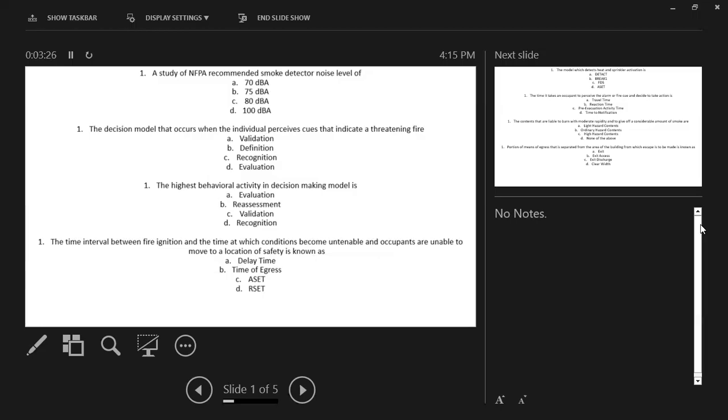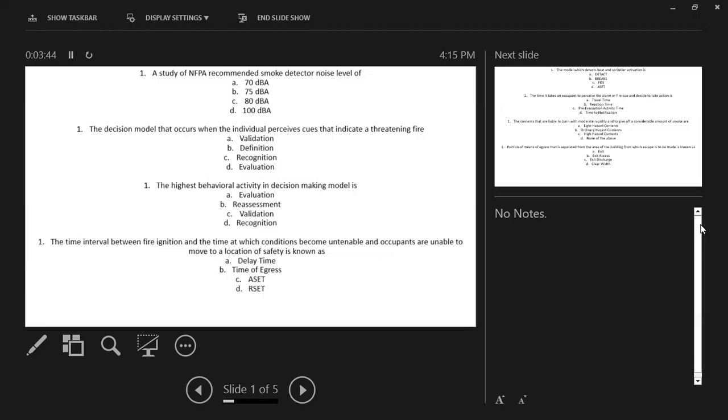Let me give you a hint. It's not actually a delay time. Delay time is all related to movement. But if you understand the question more carefully, it's not talking about the movement of a person.